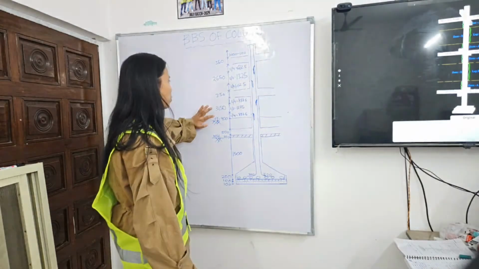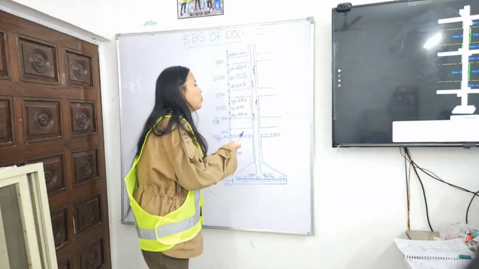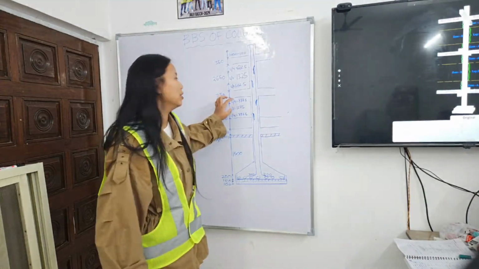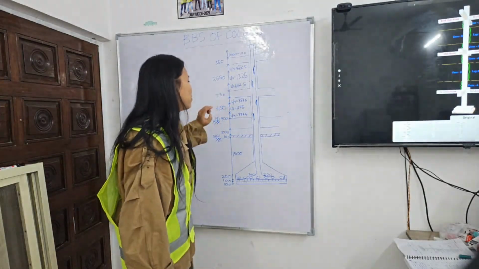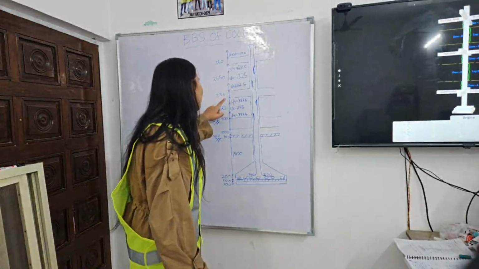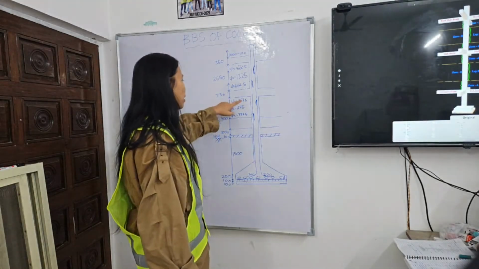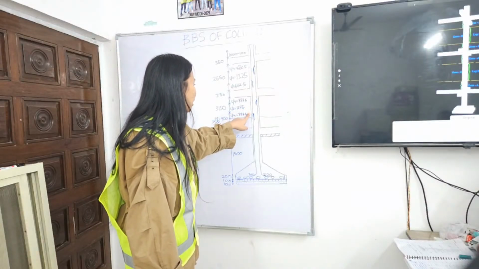So we are going to be calculating for the column. In column, what we do is we take the left land. From the left land we are going to be calculating from L by 4 here, and then L by 2 and L by 4.